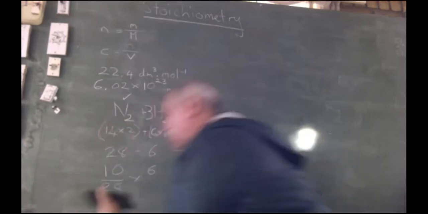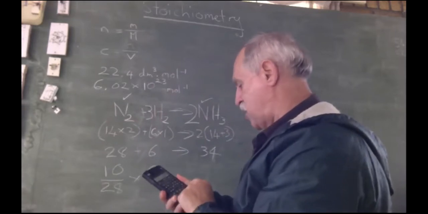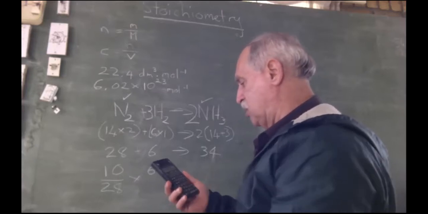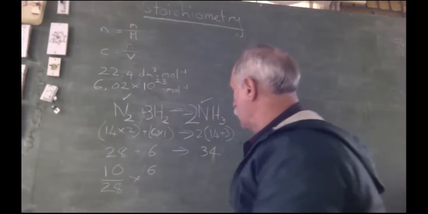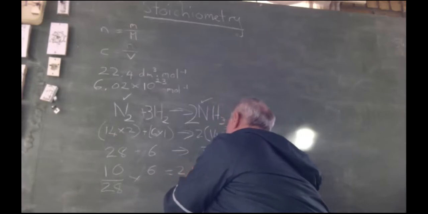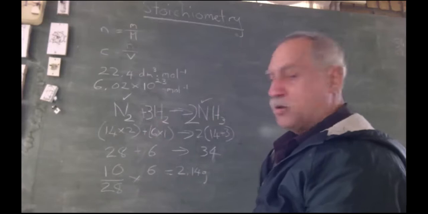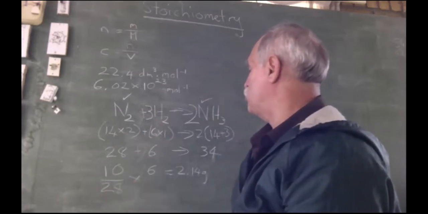So we say 10 divided by 28 times 6 gives us 2.14 grams of hydrogen gas needed to react with 10 grams of nitrogen gas.